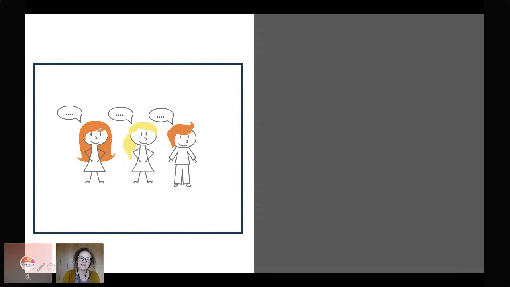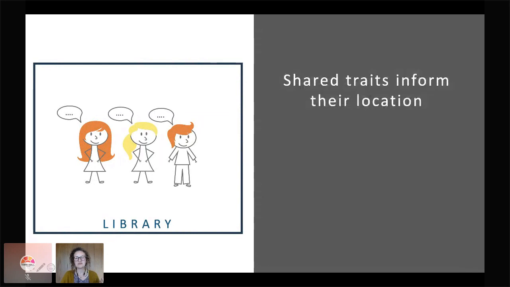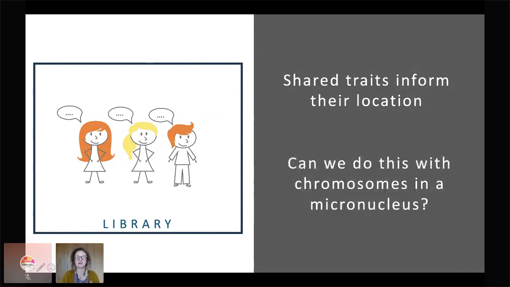We can then look at the room they are in, and if this room happens to be a library, we can then try and understand what about their shared features led them to go to the library. In this case, if they're all quieter, maybe they wanted to go to the library to read or maybe to be alone. In this example, we can use the shared traits between these people to inform how they got to their location. So I want to see if we can apply the same thought process to understanding how specific chromosomes end up in a micronucleus.